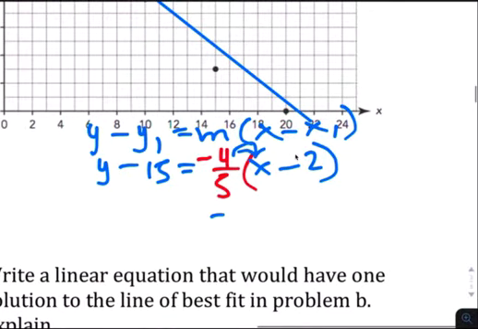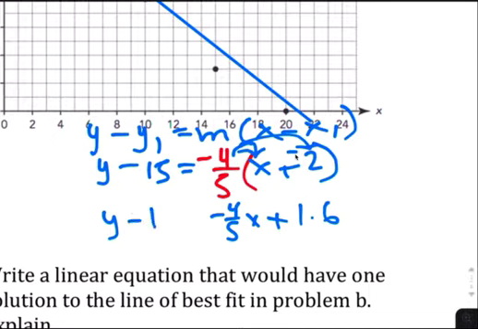Okay, distribute, you get negative 4 over 5x. Distribute, you get positive 8, because 2 times negative... it's 8 over 5, which is 1.6.